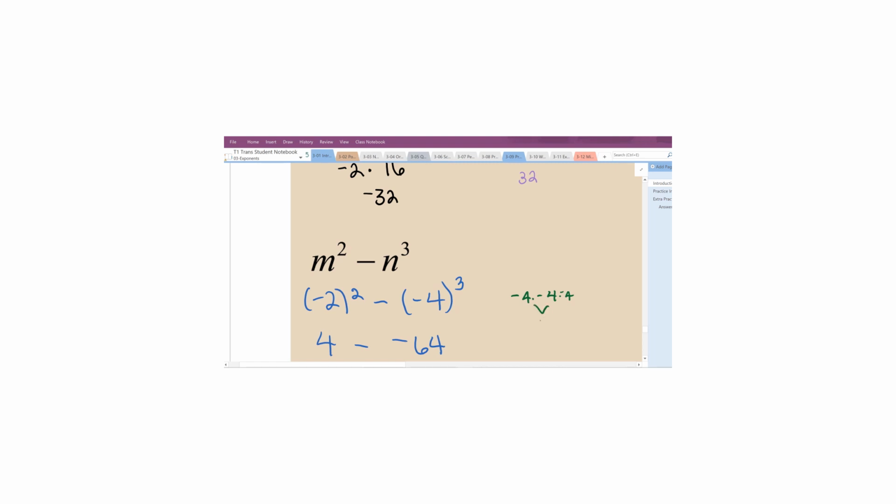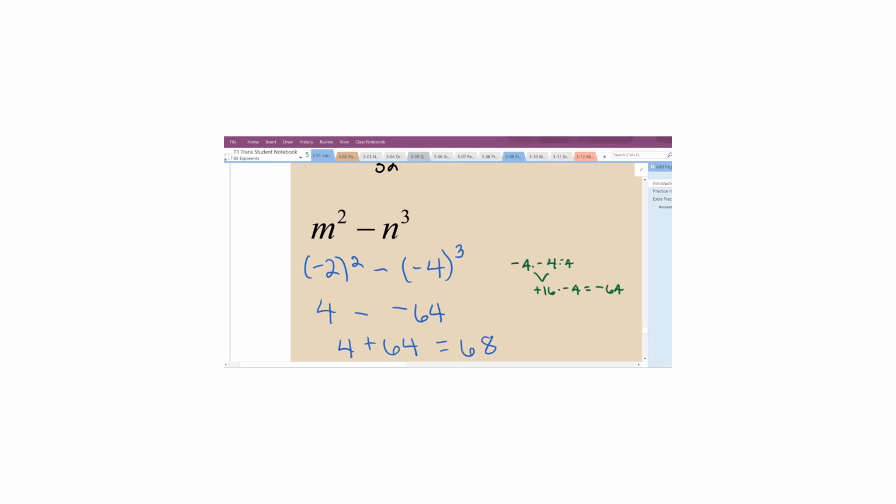And we know that 3 negatives equals a negative. So if you have an odd number of negatives and you're multiplying or dividing, you'll end up with a negative. So now we have 4 minus negative 64. So now we can go ahead and change this to addition. And 4 plus 64 equals 68.